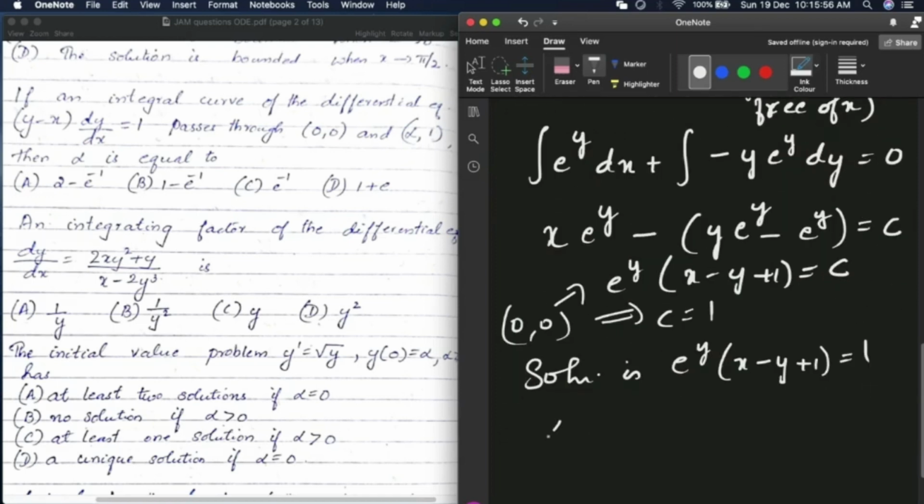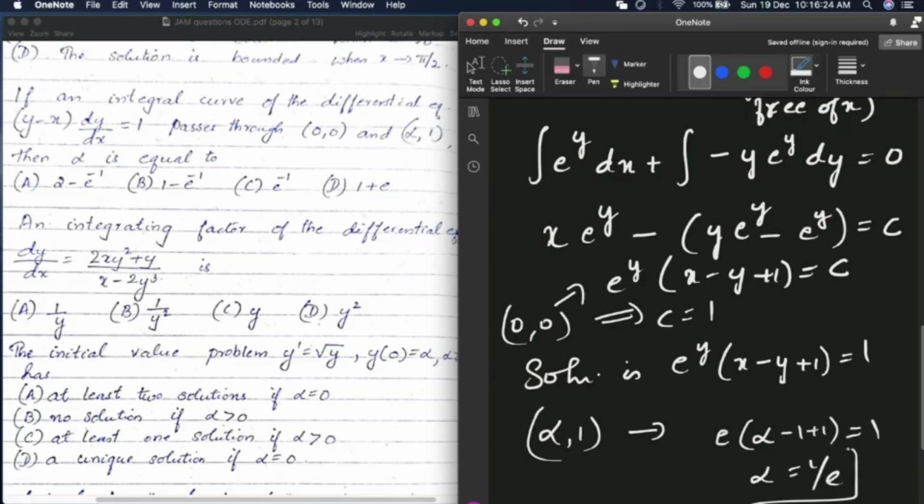It also passes through alpha, 1. This is where you have to find what alpha is. So you get, as given here, 1 by e is the answer.